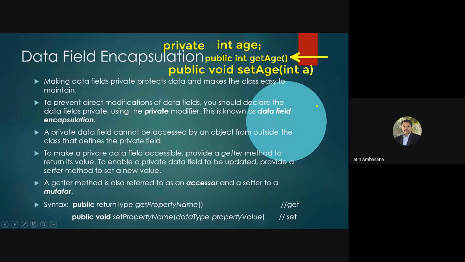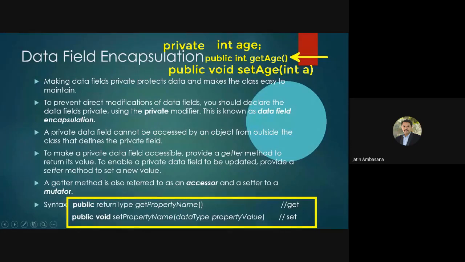Okay, that is getter and setter methods. This is the syntax. You say public, return type, and get property name. While you write the property name, you make sure that it begins with a capital letter. Similarly, you say public void set property name and put some data type into it, and the set property name also follows the same naming convention.